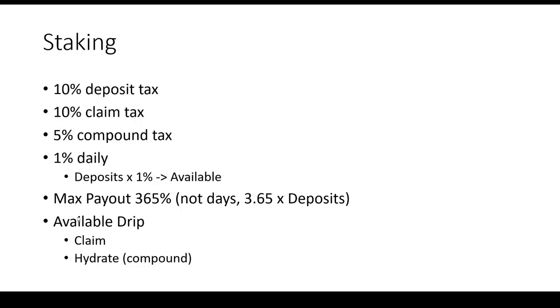And then again, the dividends come out and they come into your what's called available balance. So it's your choice. Your available drip is yours to do with as you please. You can claim it. Remember, you'll pay a 10% tax. You can hydrate it. You'll only pay a 5% tax.